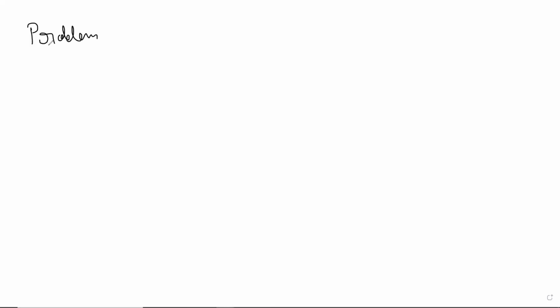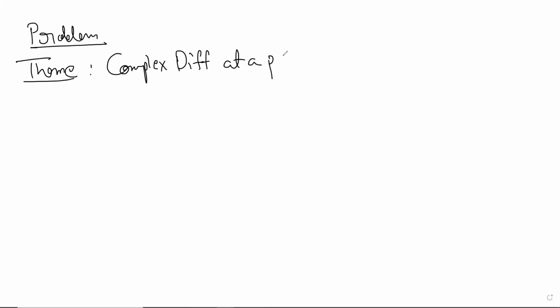Now, this is a problem. It's like an exercise in complex differentiability. This is very relevant for us, and it will be a very important example. The theme here is complex differentiability at a point.